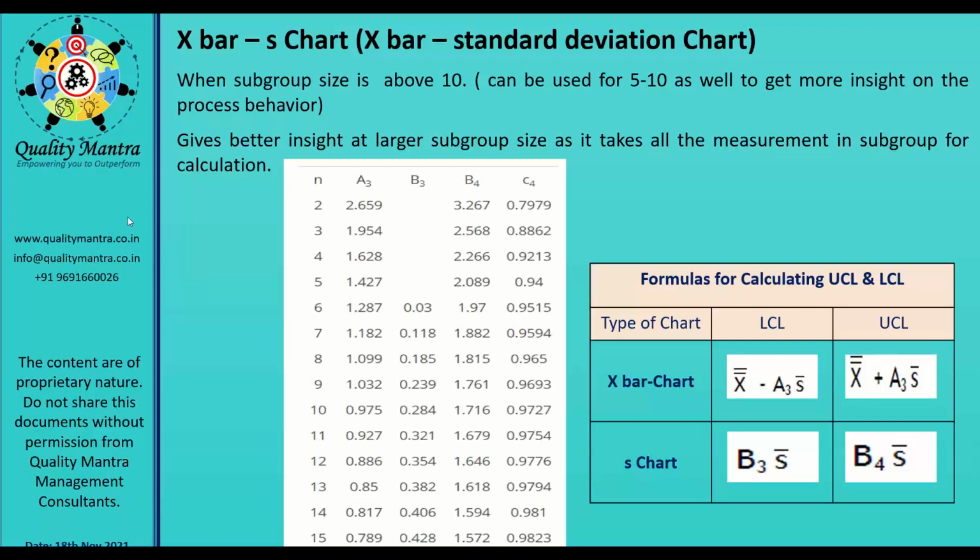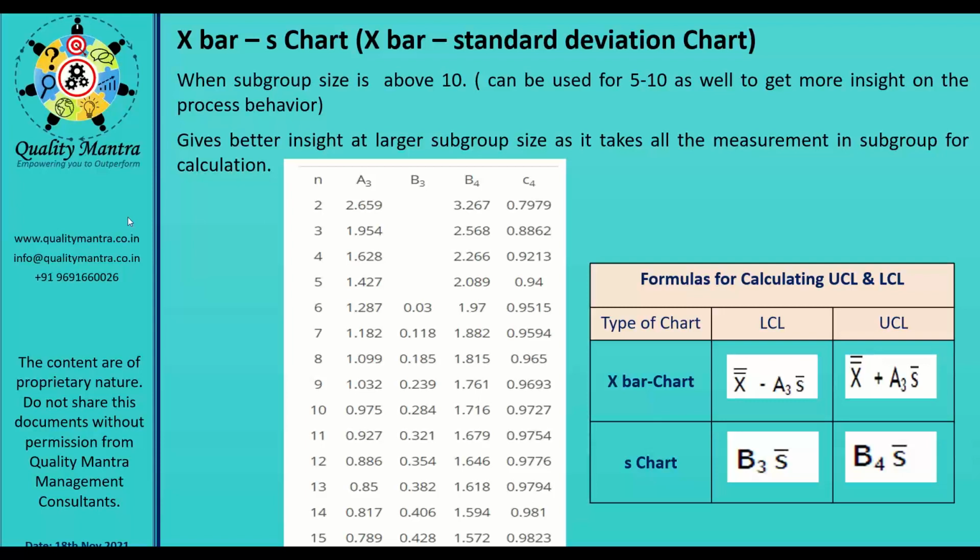It is called X bar standard deviation chart, and normally you should use this when the subgroup size is above 10. If you want more insights about your process, you can use it for 5 to 10 also. Don't use it for below 5.